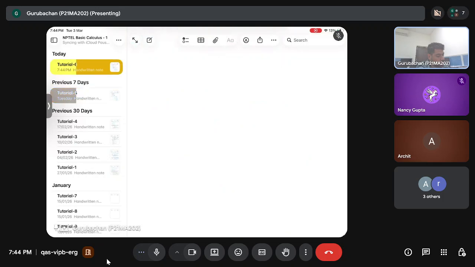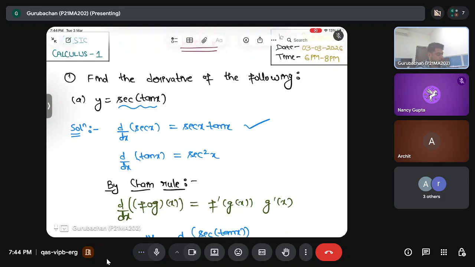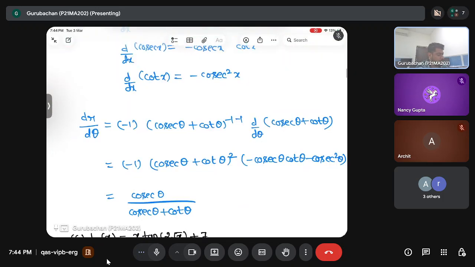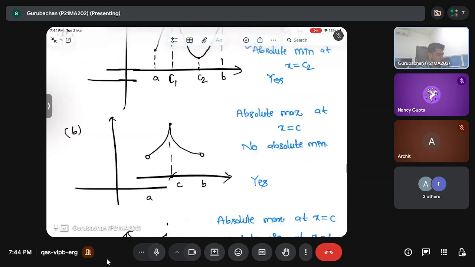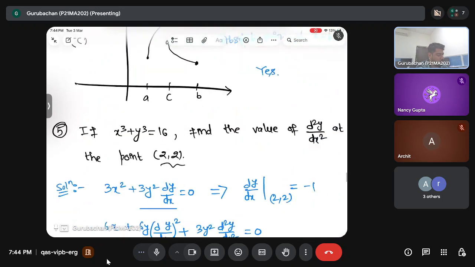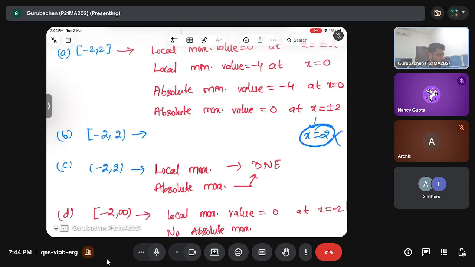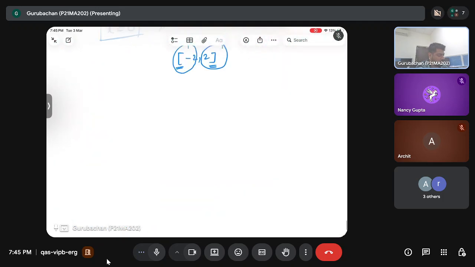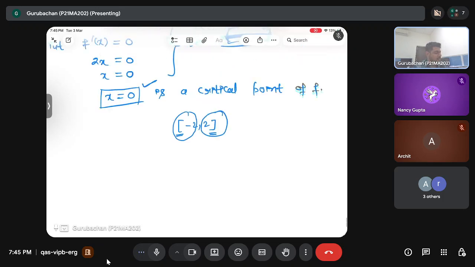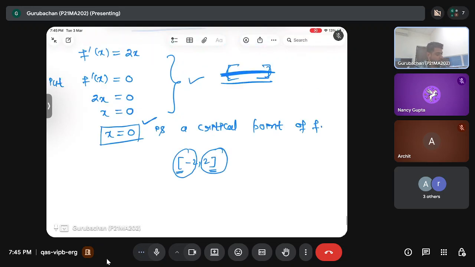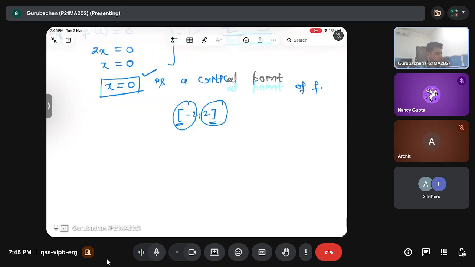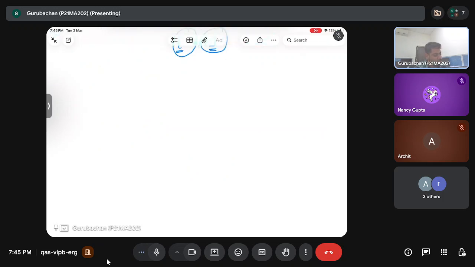Just a second. I think there is some technical error, because of that the in between solutions are erased. So I'll write it again, but for the time being you do this one.